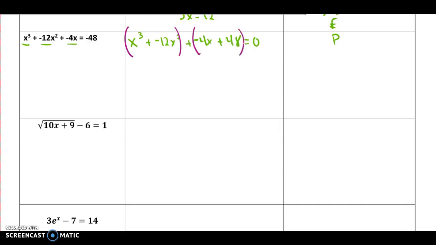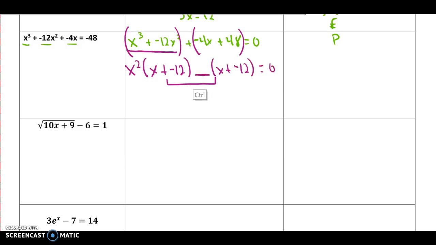When I group, I look at the first set of parentheses and see what I can take out of both of those terms. I can take out an x squared, and then I'm left with x plus negative 12. When I factor my second set of parentheses, I need another x plus negative 12. They are matching.